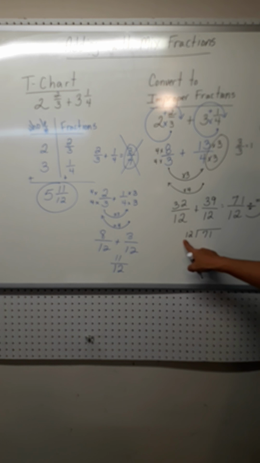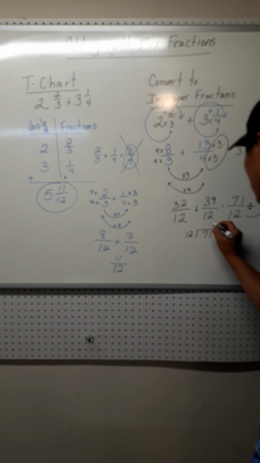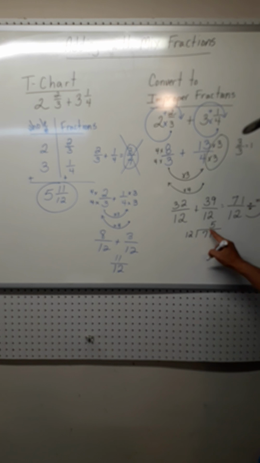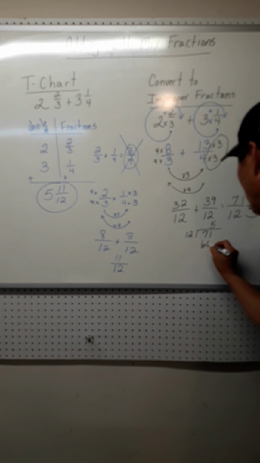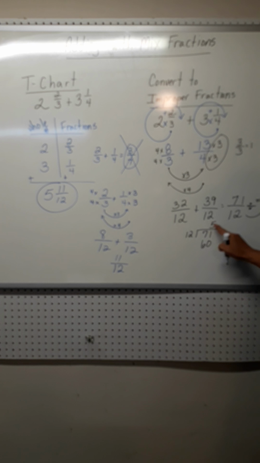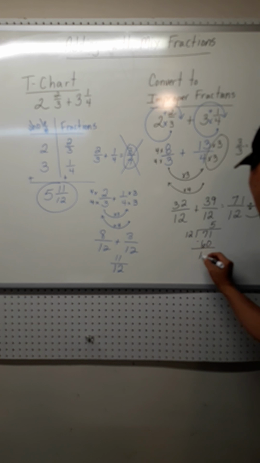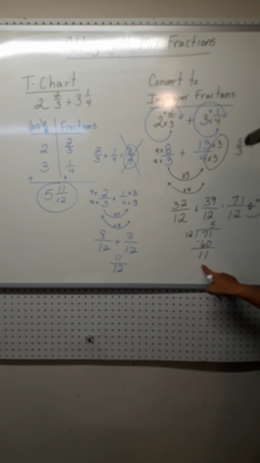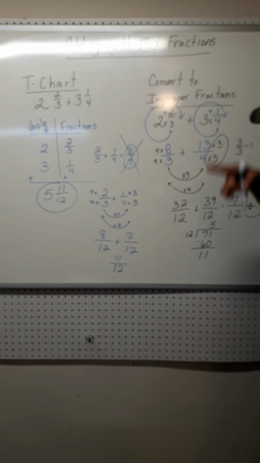Now, how many groups of 12 can go into 71? I know that it's going to be 5, because 5 times 12 is 60. If I try 6, that's going to give me 72, and it's too big. I can't go over my dividend. So subtract, and I get 11. My remainder will always be my numerator.